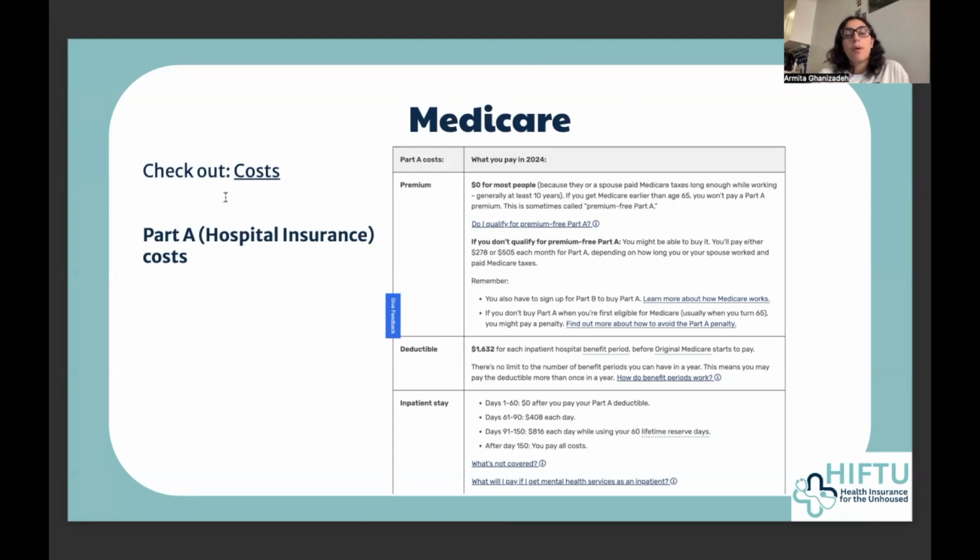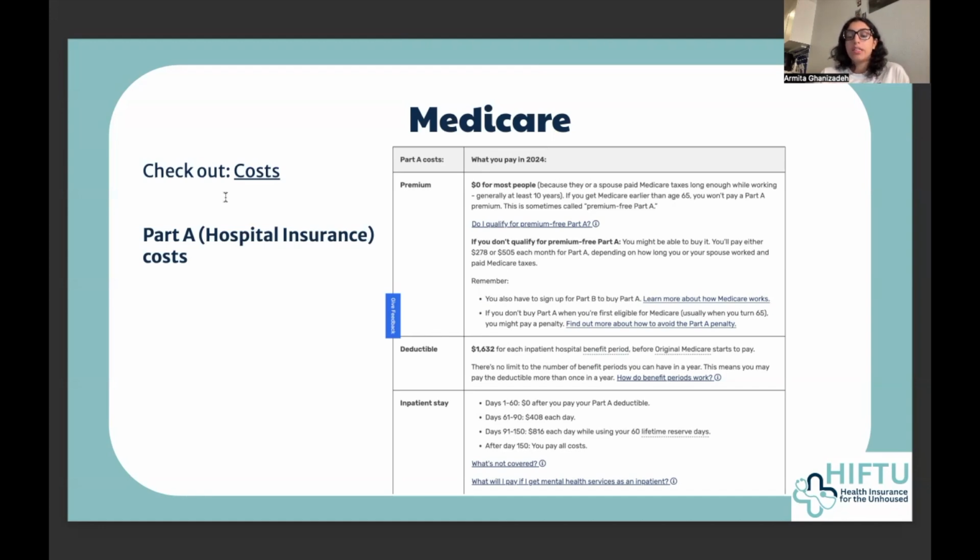And if you don't buy Part A when you're first eligible, which is usually as soon as you turn 65, you might have to pay a penalty. So I would consider looking into Medicare before you turn 65, so when you do turn 65, you can have your mindset on what you want to do. There's a deductible of about $600 for each inpatient hospital benefit period, and that is before original Medicare starts to pay.